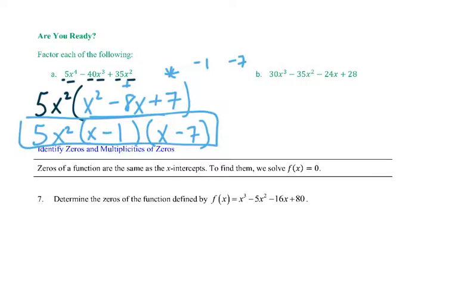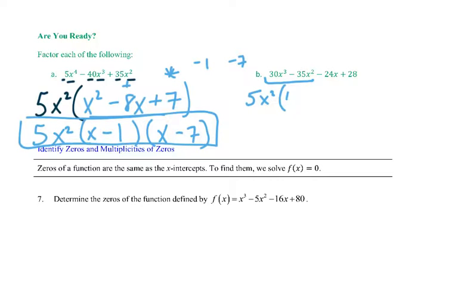All right, looking at part B, we have 30x to the third minus 35x squared minus 24x plus 28. Now, this one's a little bit funky because we can actually factor this by grouping. If you look here, both of these share a factor of 5 for their coefficients, and the highest factor that they share is an x squared.